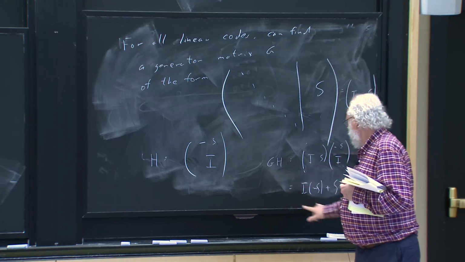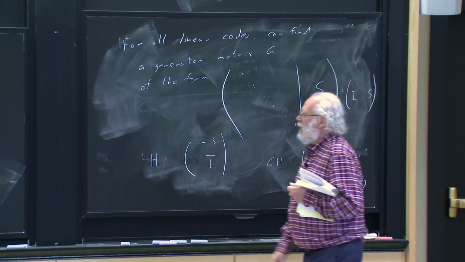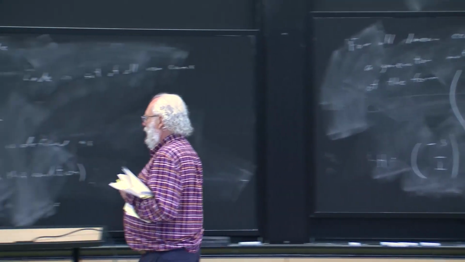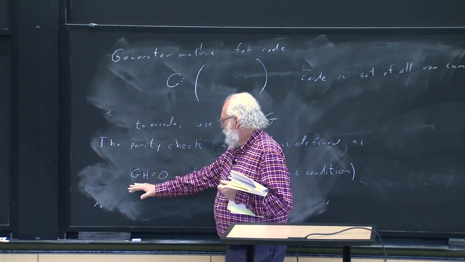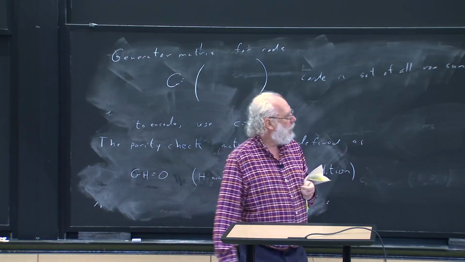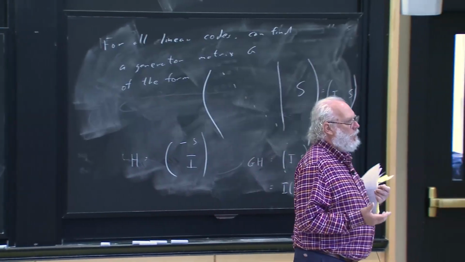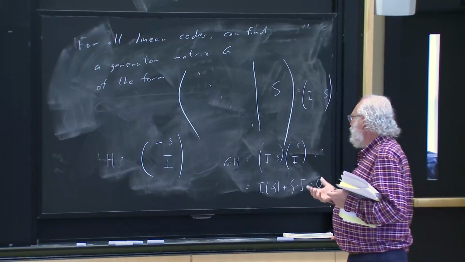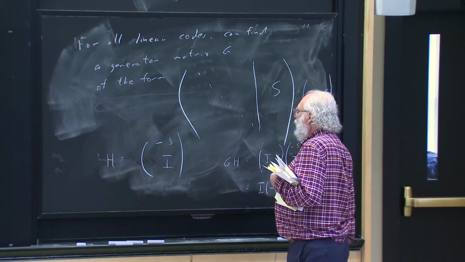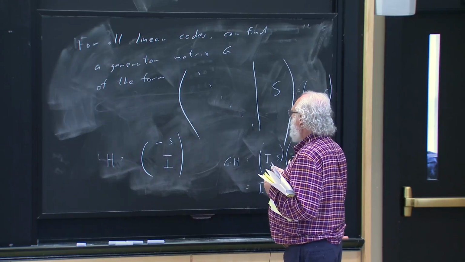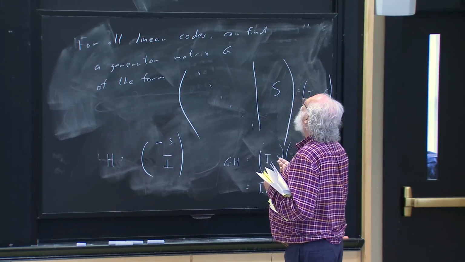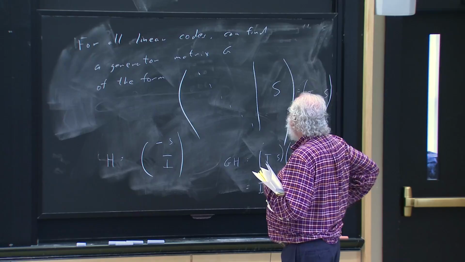So GH is 0, which was our condition for a parity check matrix. And you can also see that H is a maximum rank matrix such that GH equals 0 because, well, that's linear algebra 2.